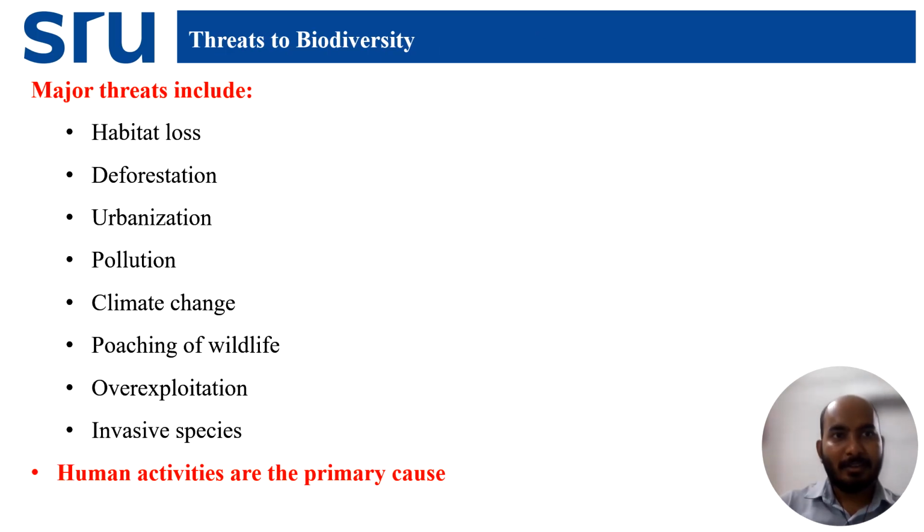So next, threats to biodiversity. Biodiversity today faces serious threats, which are mainly due to human activities. Right, in the previous slides we discussed it. The major threats include habitat loss, deforestation, urbanization, pollution, climate change, poaching of wildlife, overexploitation, and invasive species.